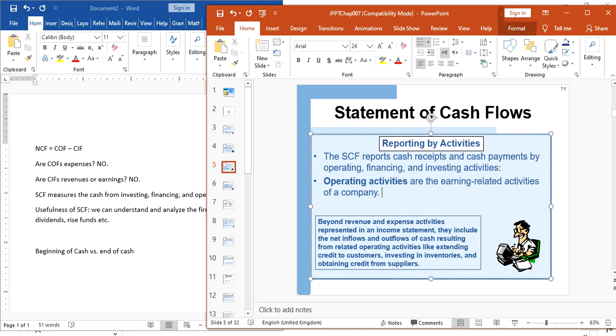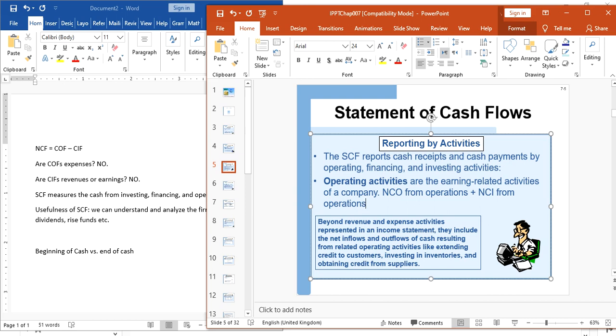Like net cash outflow from operations plus net cash inflow from operations. So we separate the cash flows that have been used or generated from investing and financing activities.